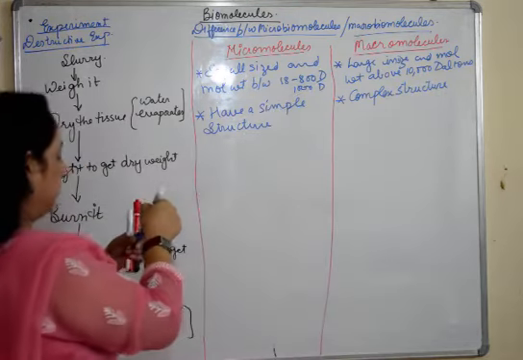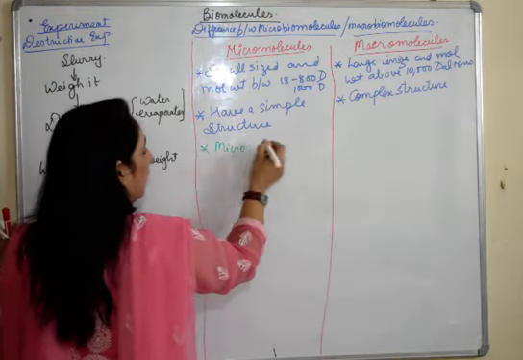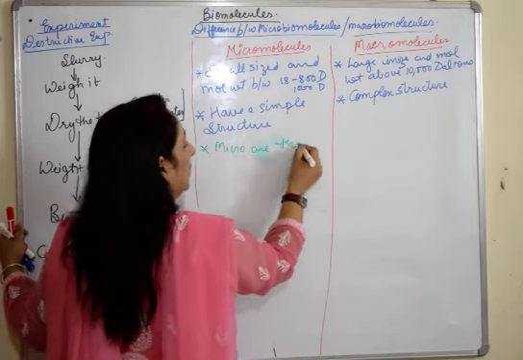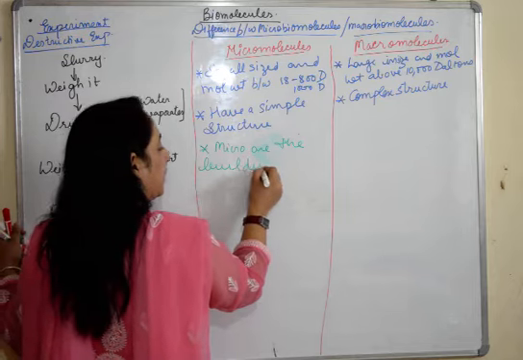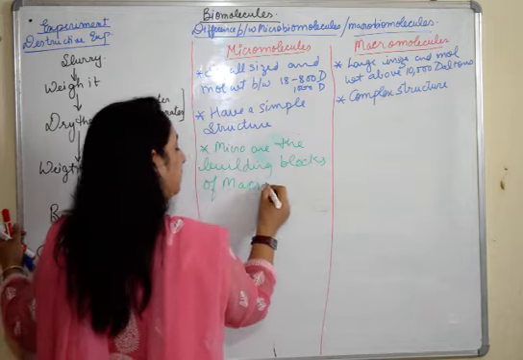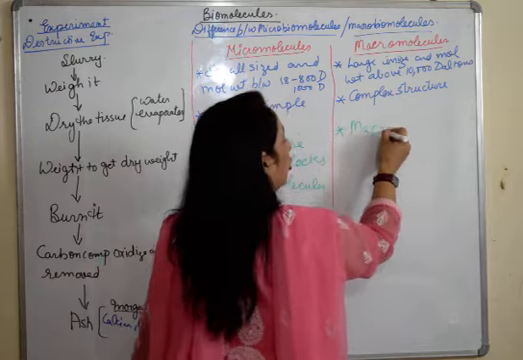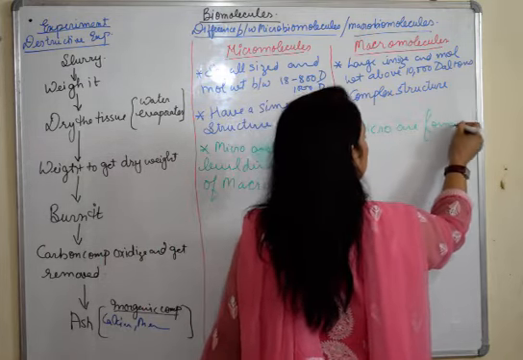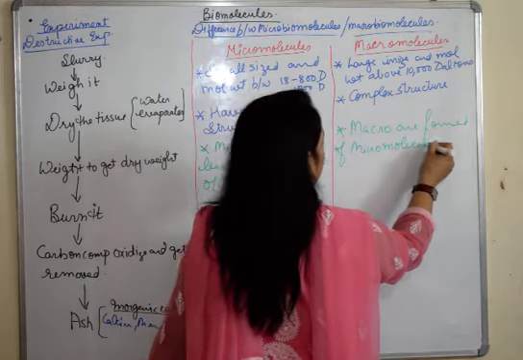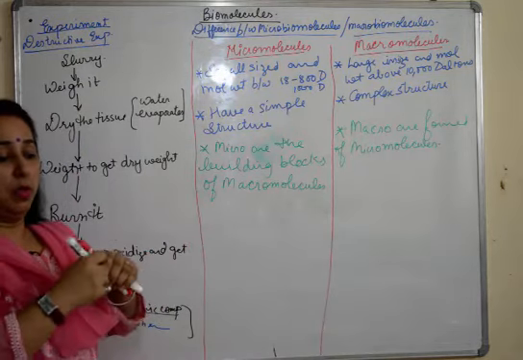Now herein I'll write with a separate color, the micromolecules form, or you can say are, the building blocks of macromolecules. Macromolecules are formed of micromolecules. The micromolecules bond together to form the macromolecules.